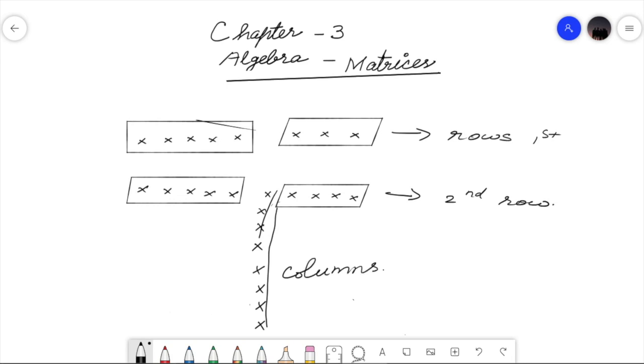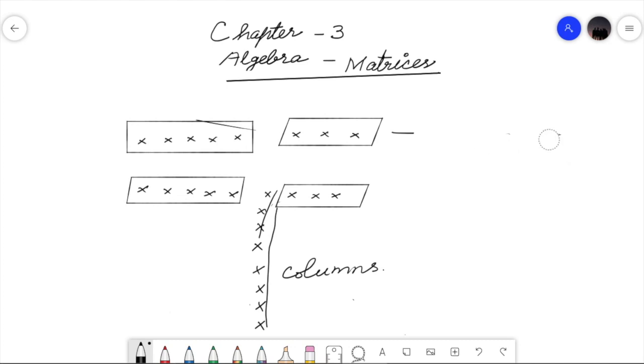Sitting in a bench is the arrangement of rows, and standing for an assembly for a PT period, you will be standing, no? That you consider as columns. So the arrangement of rows and columns in a rectangular array is what is called a matrix.